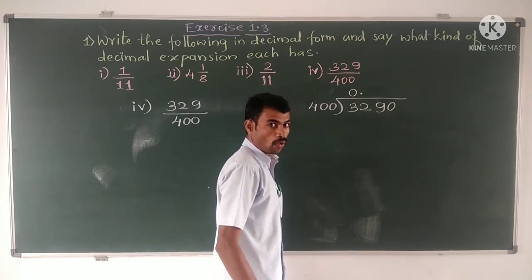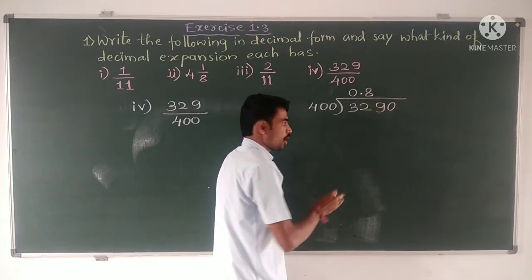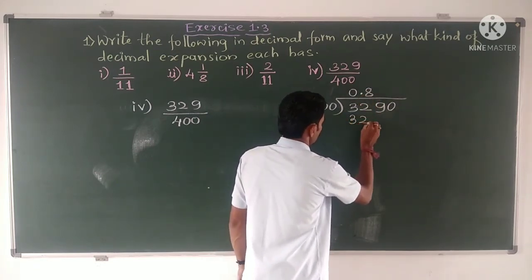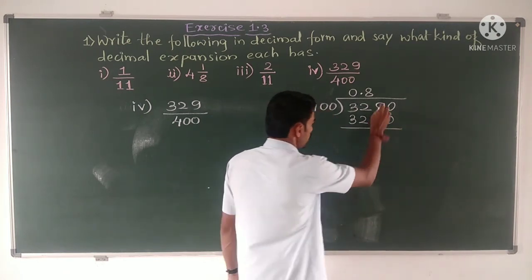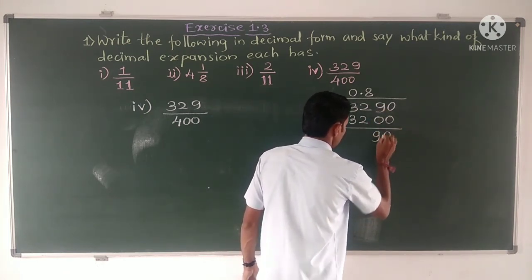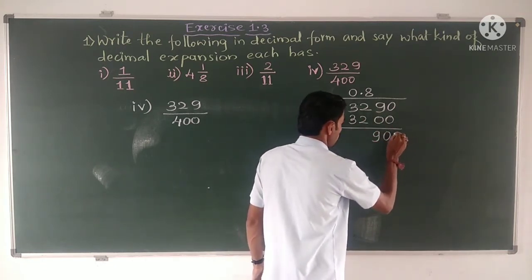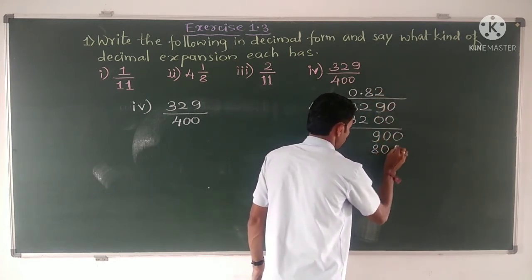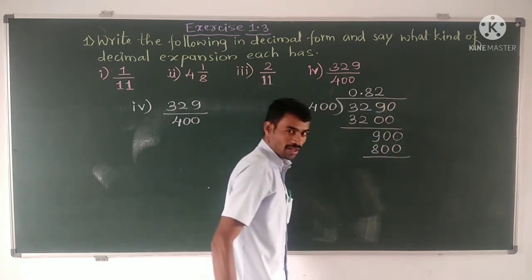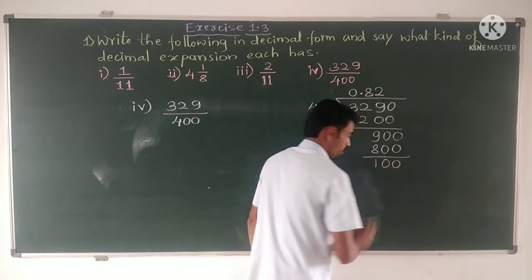400. See, 4 8s are 32. 400 8s are 3200. What remainder do we obtain? 90. Then take 0 here. 400 2s are 800. 900 minus 800, 100.